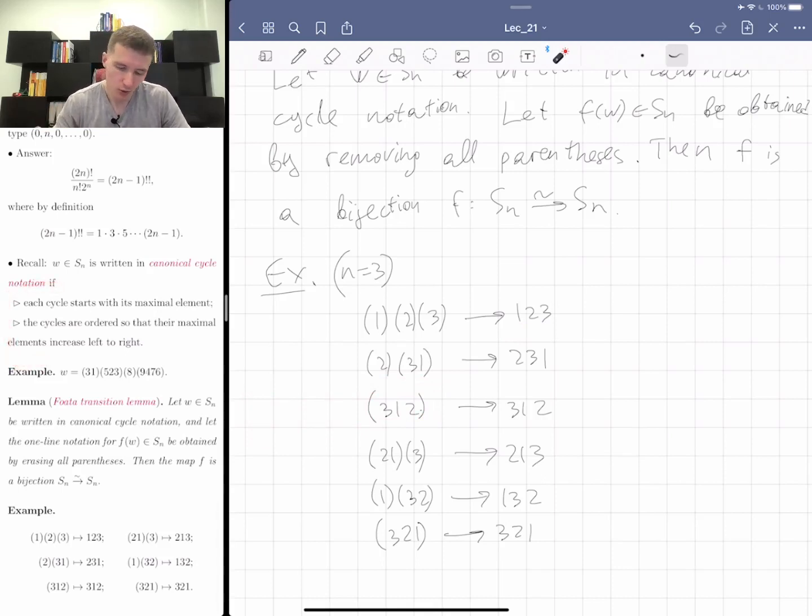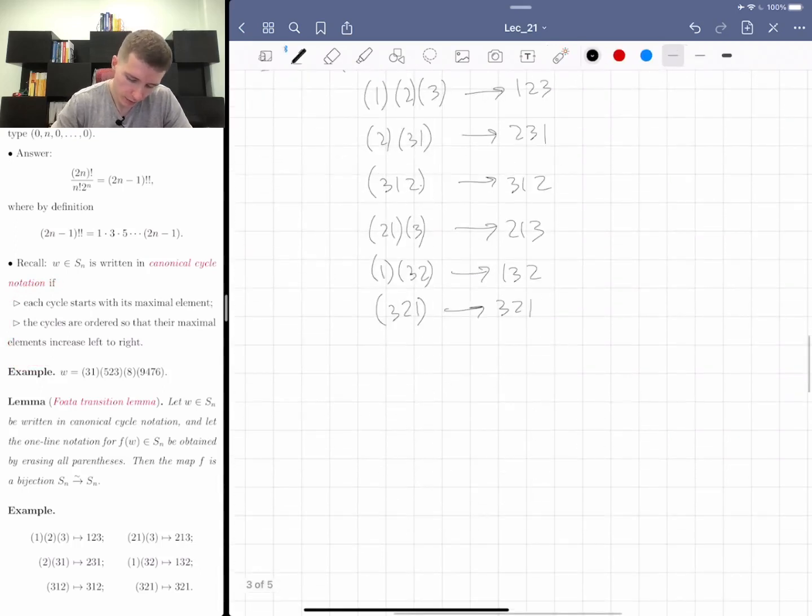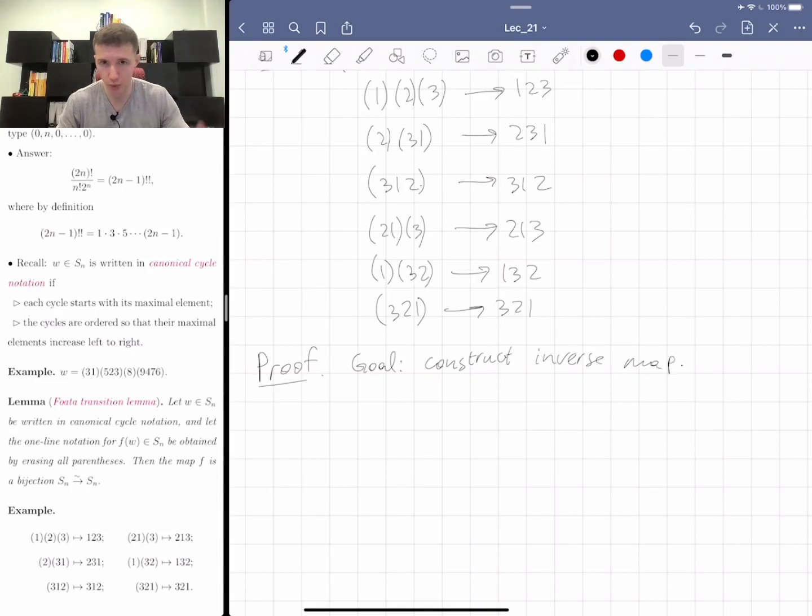Yeah. So all right, let me try to prove this lemma. And the proof is that the goal is to construct the inverse map. So I want to invert my bijection. In one direction it's easy, you just ignore the parentheses, but the hard part is to reconstruct the parentheses.